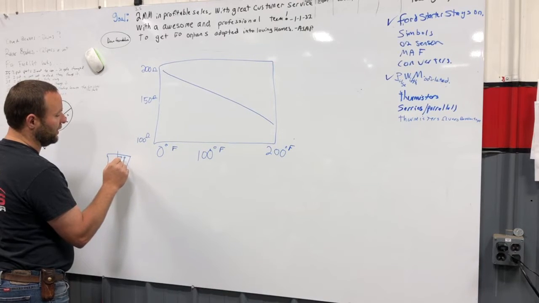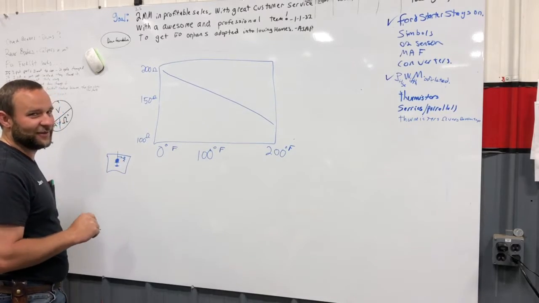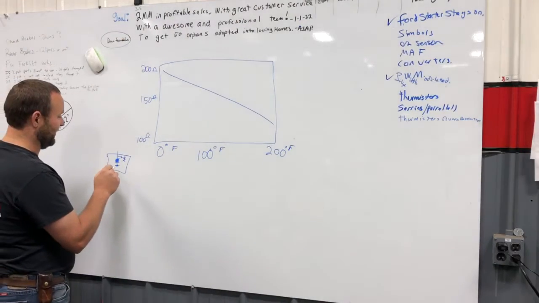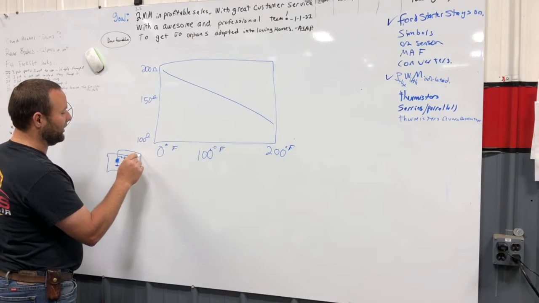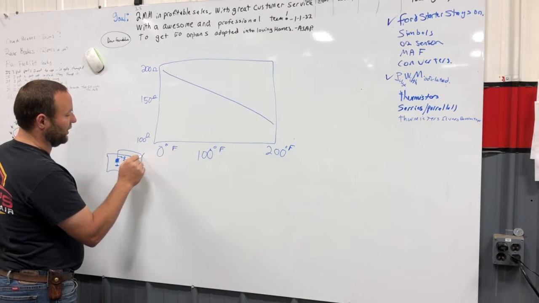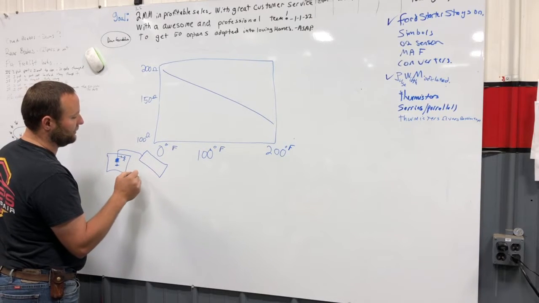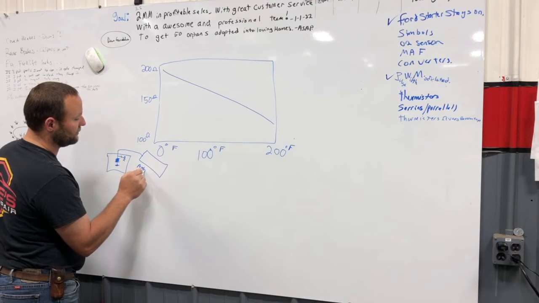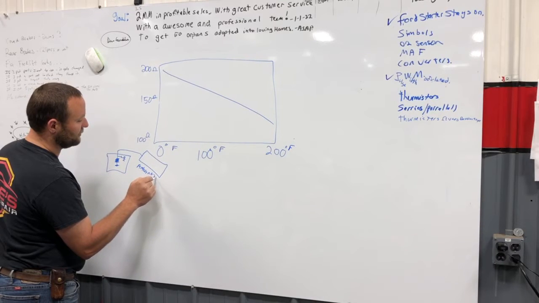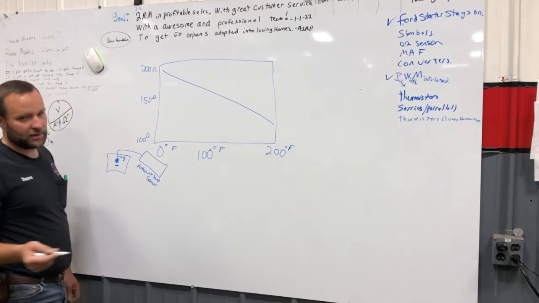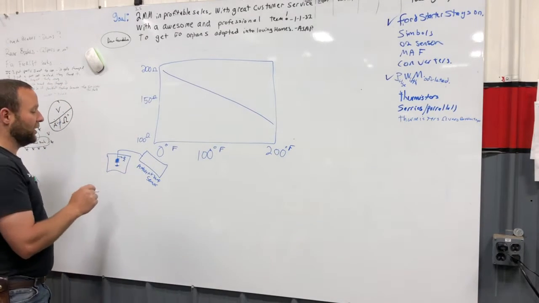Little guy makes decisions. Little decision maker. Comparator. That's the actual true name for it. A comparator. And then it goes over here. We're just going to use the ambient temp sensor because it's easy to reference. So this is 5 volts.